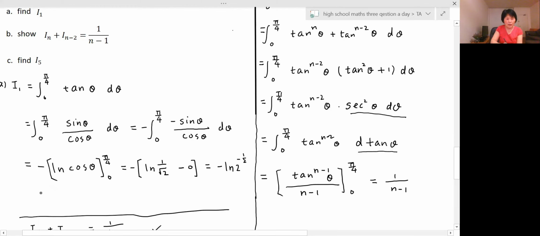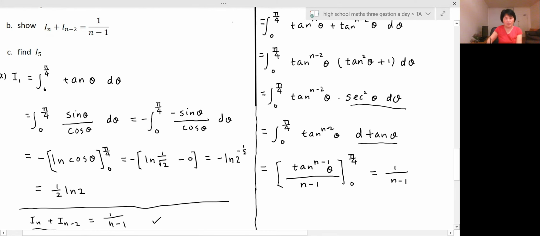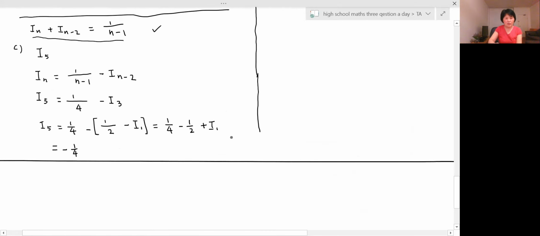Since I1 is equal to minus, the minus half can move to the front. It's positive half log the 2. This is the I1, okay. I1 is a plus, this is the half log the 2. Okay, we finish this question here.